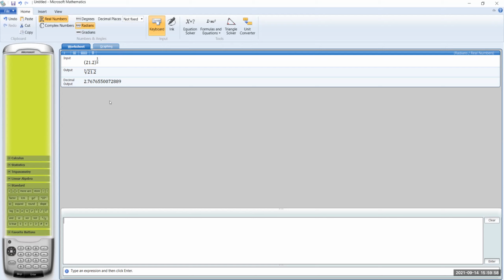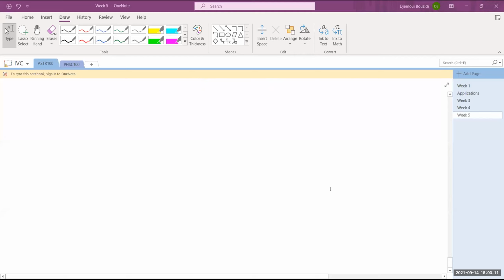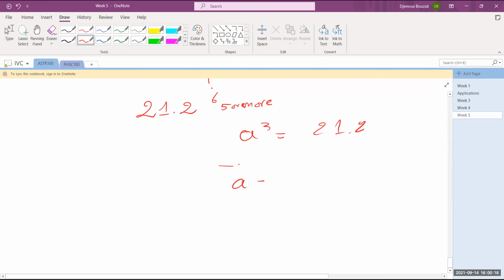Again, this is what the calculator is trying to give me. This is a, by the way. a is the cube root of this whole thing. But I have to be careful with this number because I am only going to retain 3 digits, because of the same point I was talking about earlier. So a is the cube root of 21.2, and that number, according to the calculator, is 2.767 and some other stuff.